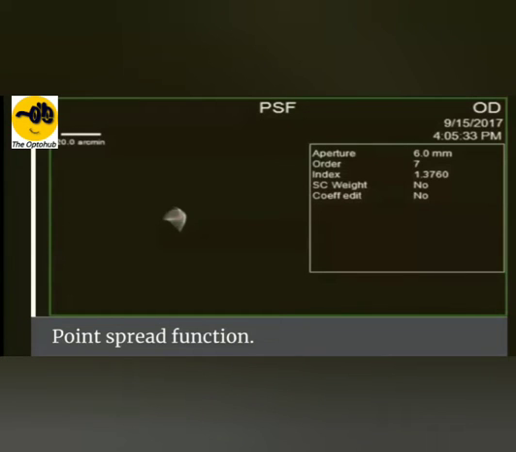Rather, it will have a spread point formed on the retina. If you can see the pattern over here, it is pretty much spread. It's not a point, it is a spread function. So point spread function tells you how a point object will form a point image which is spread on the retina.